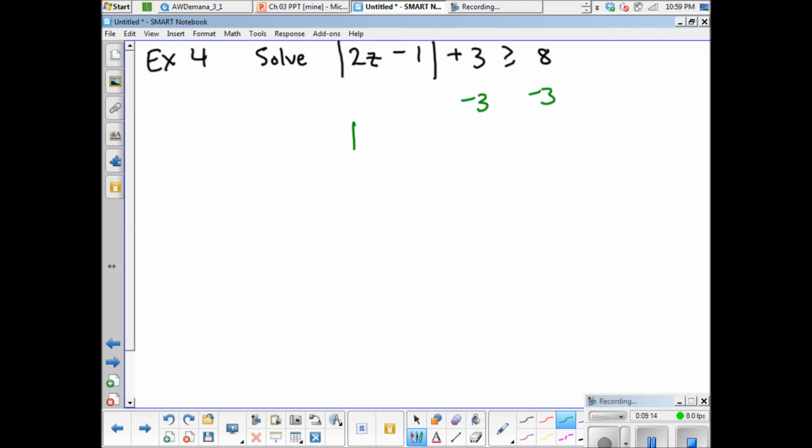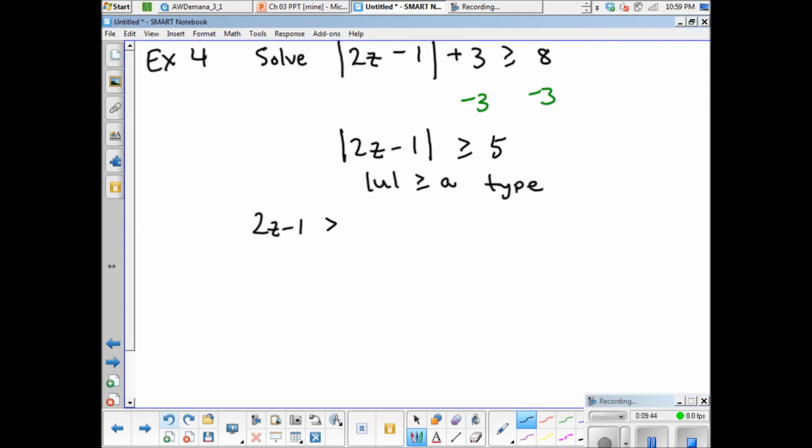Once the absolute value is isolated, absolute value of 2z minus 1 is greater than or equal to 5, then you can apply the rule. So we can see that this is a U is greater than or equal to A type problem. So we're going to break this up into 2z minus 1 is greater than or equal to 5, or 2z minus 1 is what?